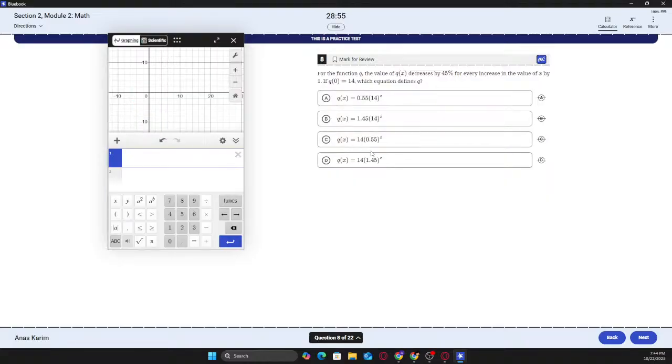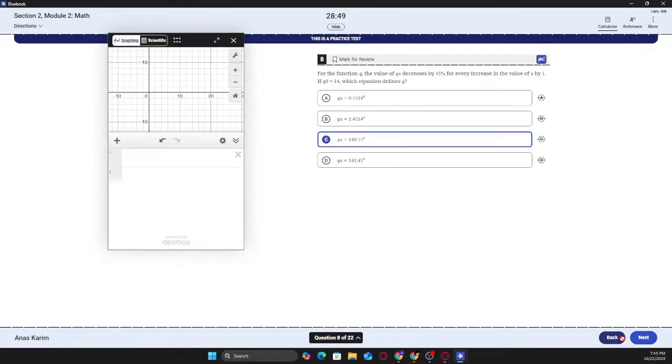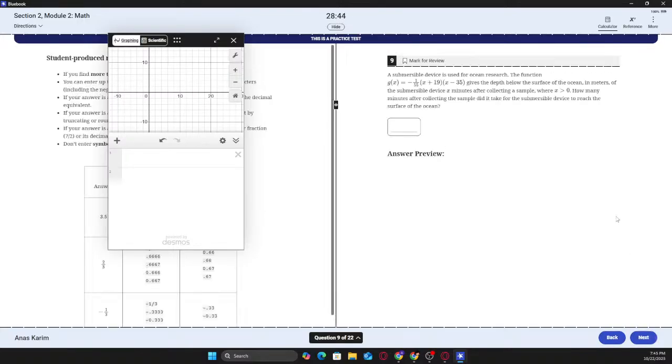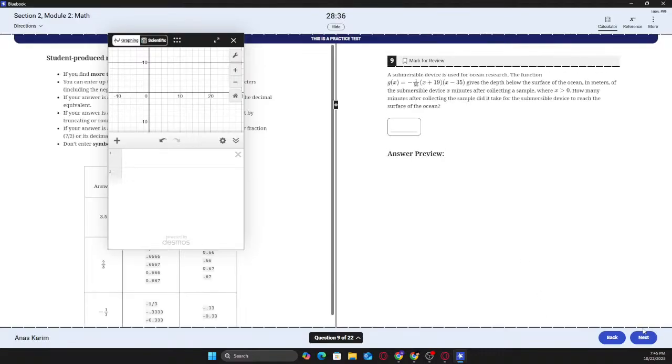So you just want to find something that's like, okay, 1 minus, so it's like that. I mean, you can figure it out with Desmos, but in most cases, you just gotta realize the fact of that.